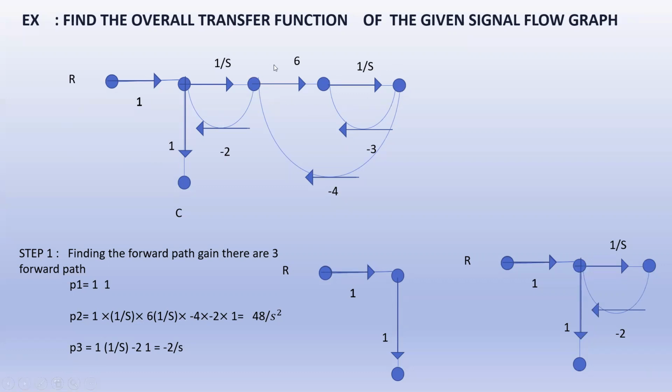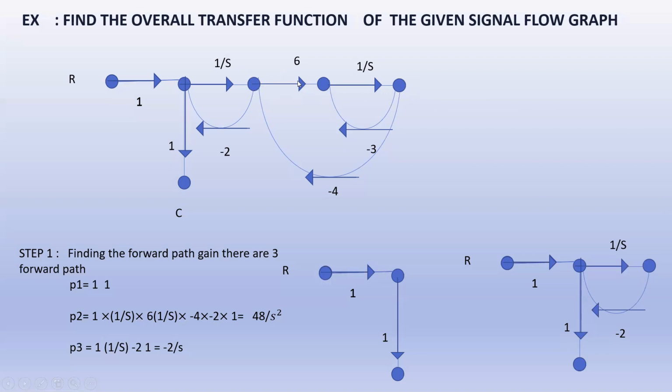The isolated determinant delta 1 is 1 minus the sum of loop gains plus the sum of products of individual non-touching loop gains. So these three nodes are left if we take out this forward path, and based on that, there are no non-touching loops.